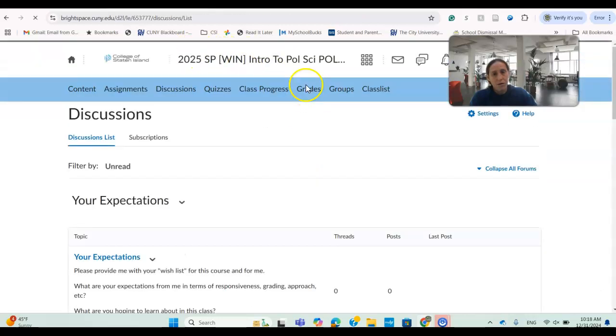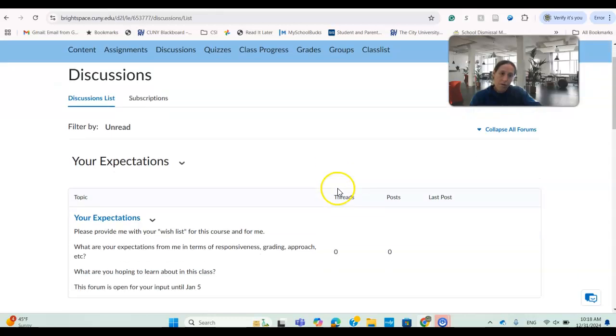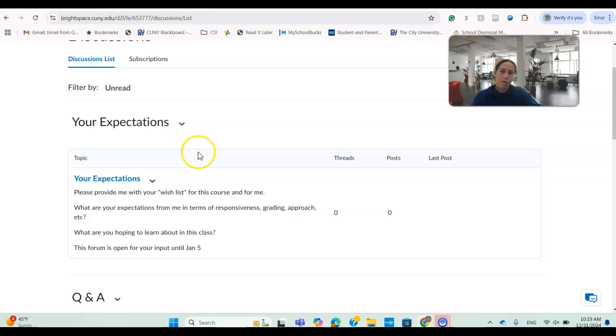Discussions right here. This is where all the discussion forums can be found. And right now, if you log in, what you'll see open is a discussion about your expectations. This is optional.